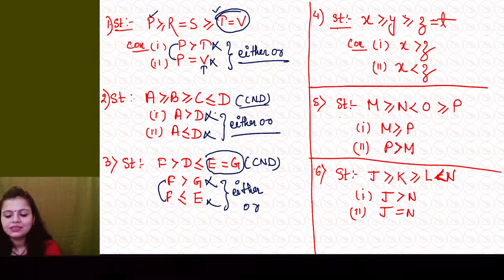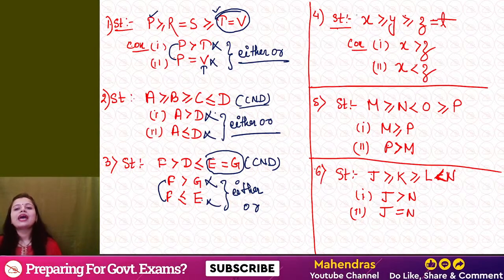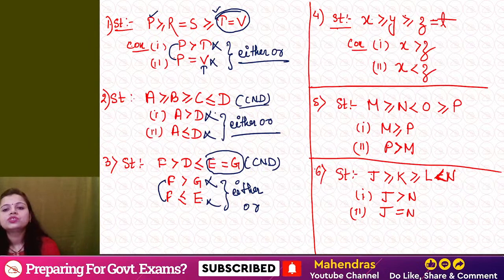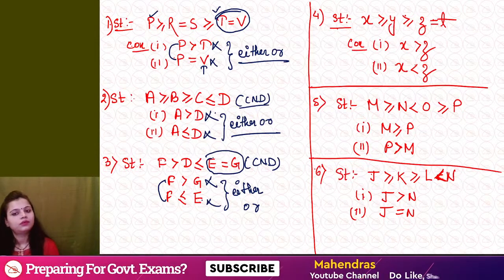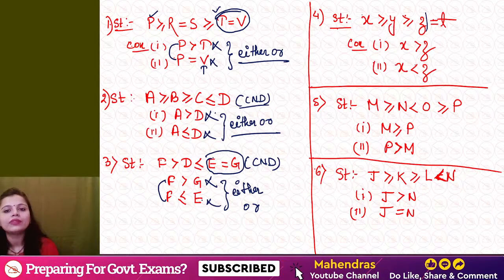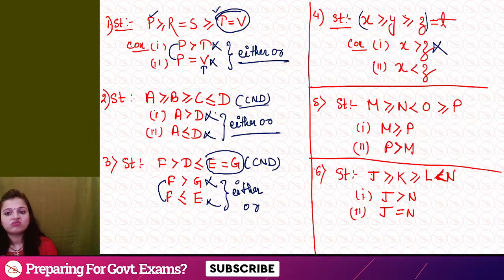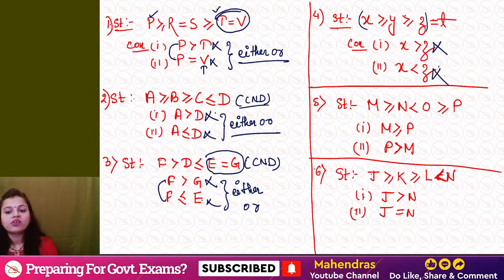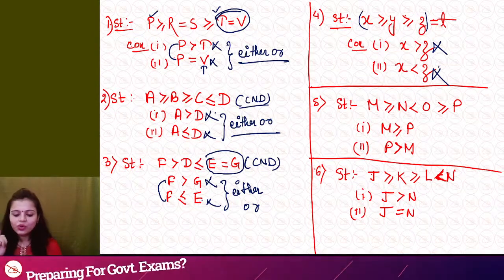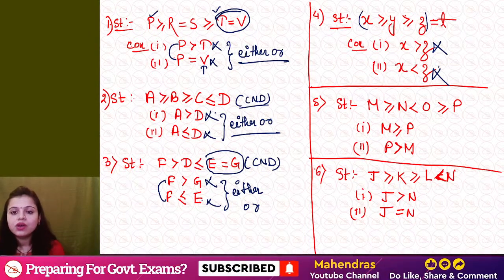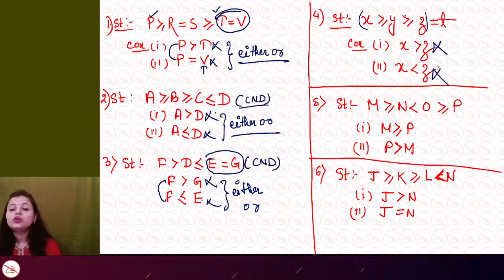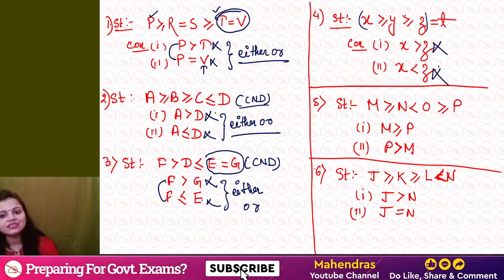Next statement, X and Z. So the relation between X and Z is X is greater or equal to Z. Right? So greater or equal. That means we are getting two signs between X and Z. Only greater, wrong. And less, again wrong. Let's check all the three rules for the either or case. Rule number one is individually wrong. Yes, individually wrong. Rule number two, elements same. Yes, elements are same.